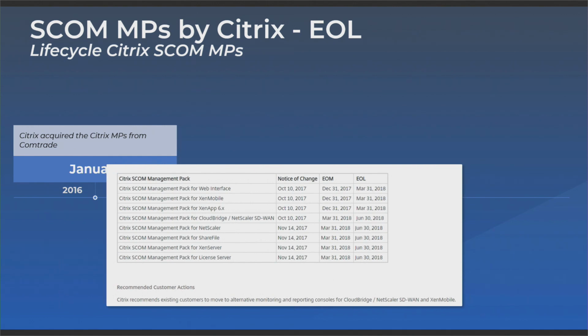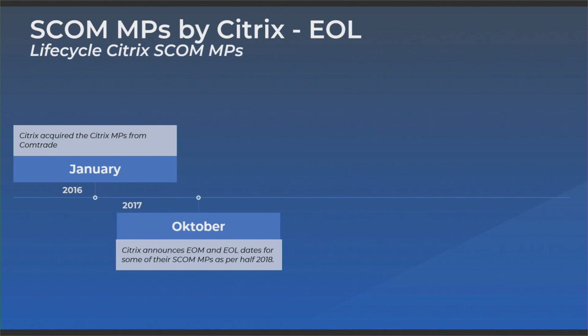This was a first sign that apparently Citrix was not really further investing in maintenance and development of their acquired SCOM management packs. Also, it's interesting to know that the latest release of the Virtual Apps and Desktops management pack came out in November 2017, and since then it has never been updated anymore. So that says something, right?